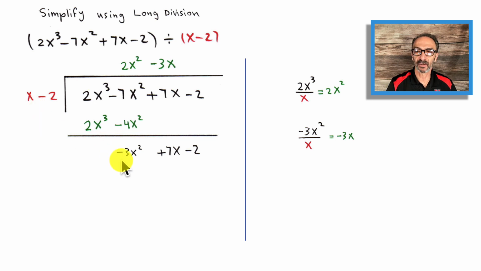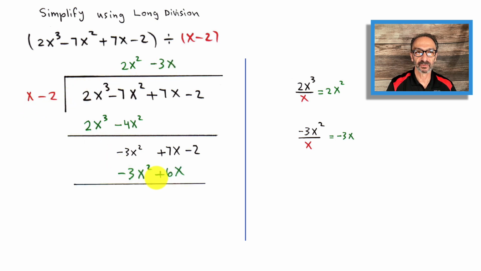And that's how we do it. We take the leading term, negative 3x squared, divided by x on the side. And what we have is the following: negative 3x. Negative 3x goes on top, and we multiply by x, multiply by negative 2.